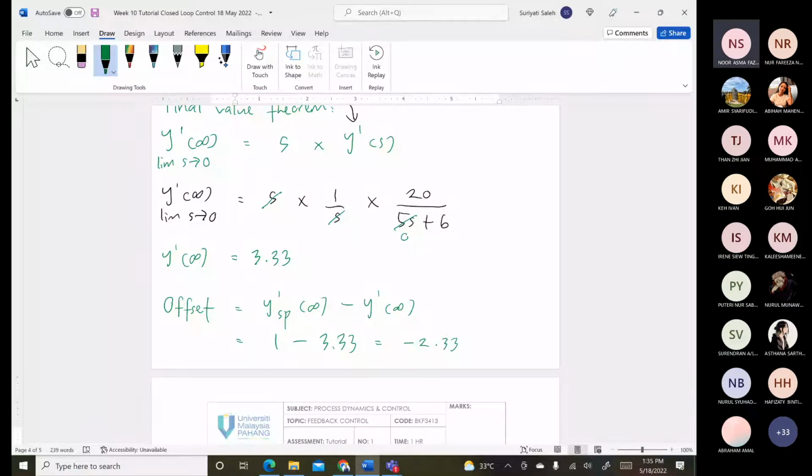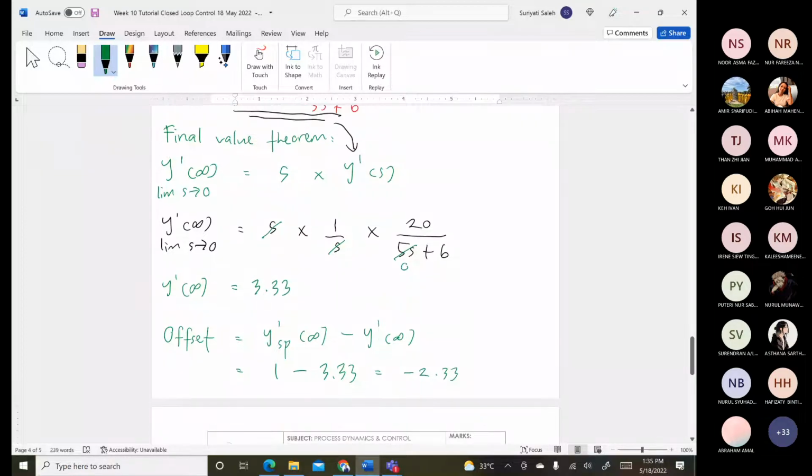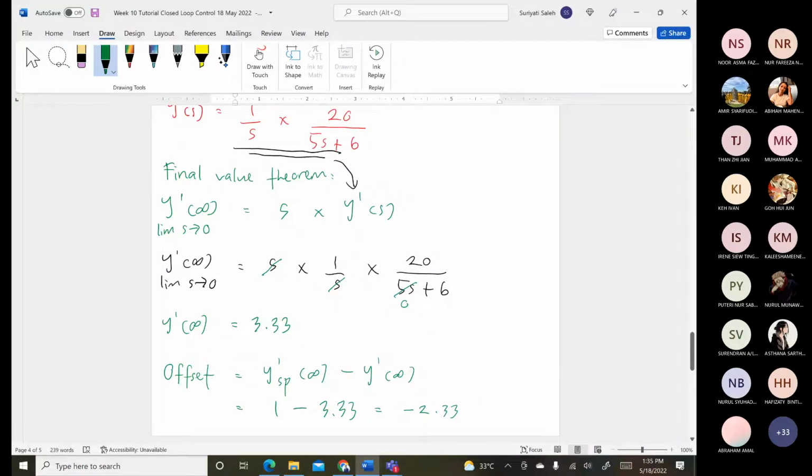So this is your offset value. Any question?